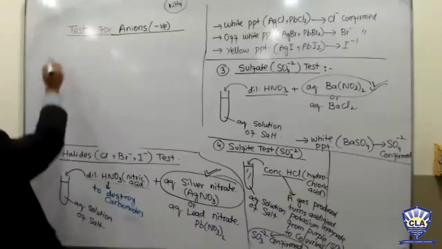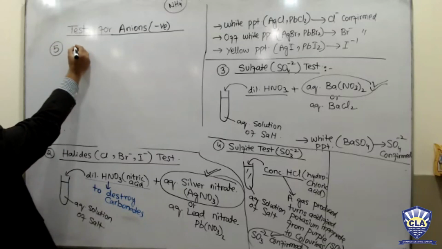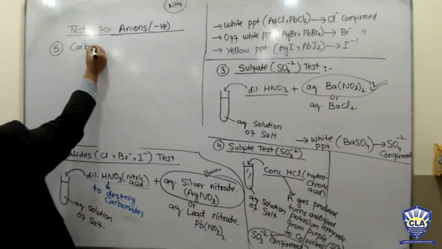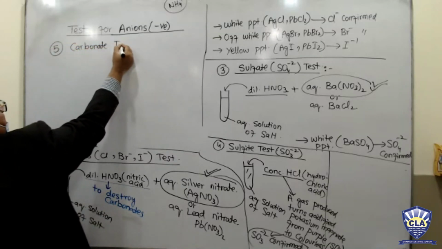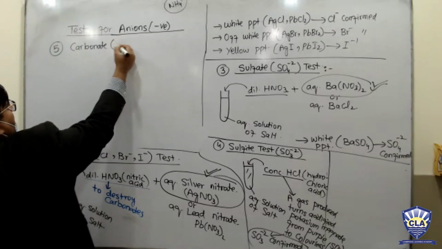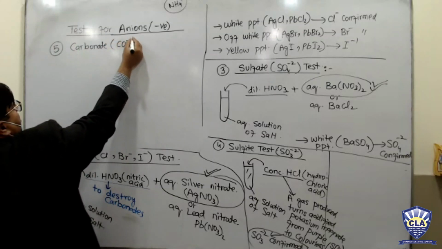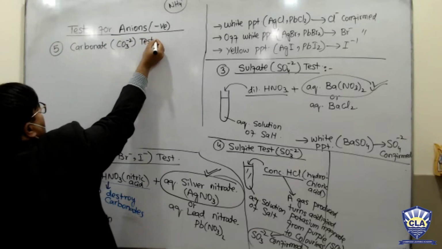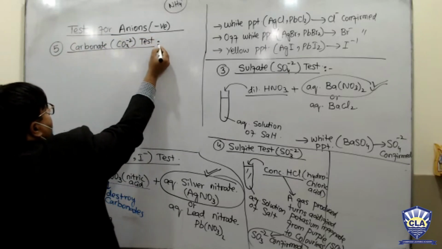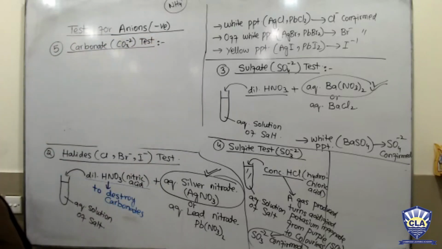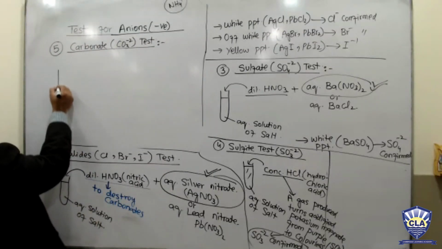And then the last one, my dear, is the carbonate test. Carbonate is CO3 minus 2. What is the test for carbonate? It's a very simple test.